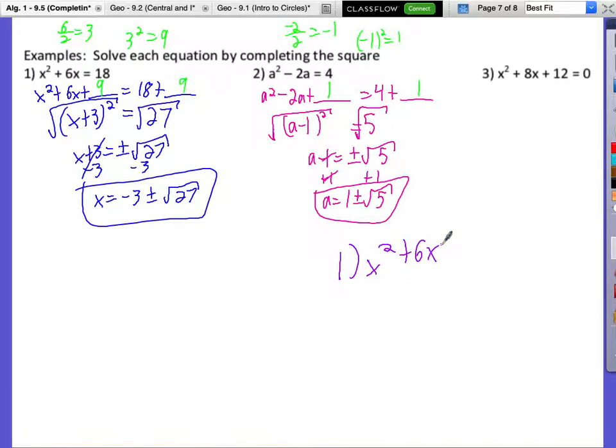Is there an equal sign there? No. All it's asking you to do is to figure out what goes in the blank and then figure out what goes in the factor. That's all it's asking you to do on the first 8.